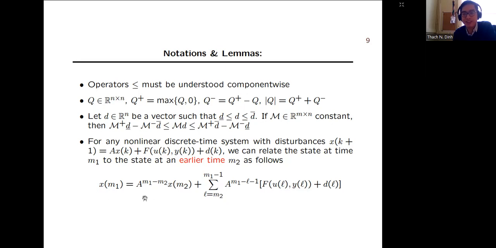For time-invariant systems, we can easily compute the state transition matrix, that is A power m1 minus m2. Of course, this relation is very simple to prove.